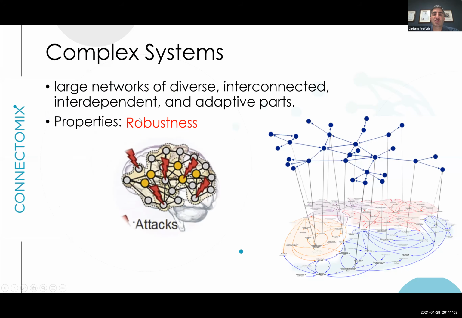Finally, complex systems show robustness. What we mean by that is if you start attacking the network, so if we look at a brain injury, if someone gets a small injury in a small frontal lobe area, we're probably going to delete some of those nodes because they're not working, but the network's able to carry on and essentially still function. That's called robustness.